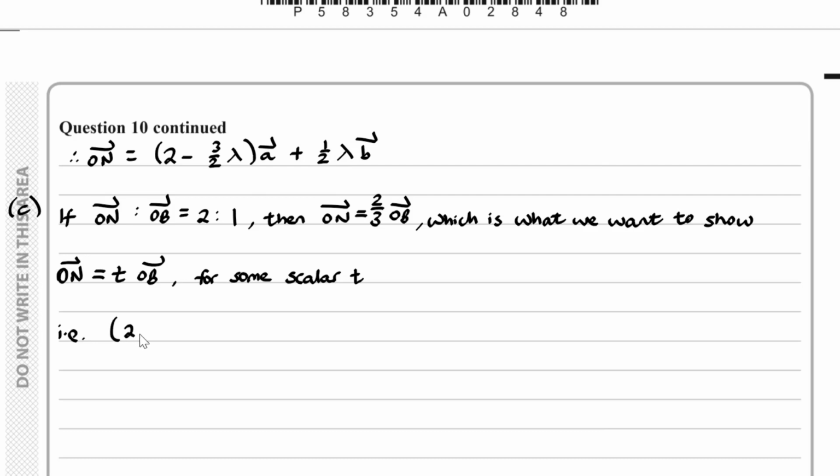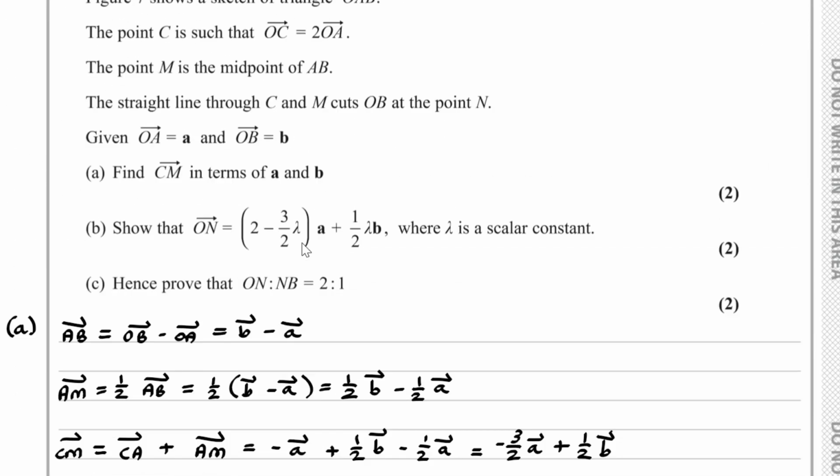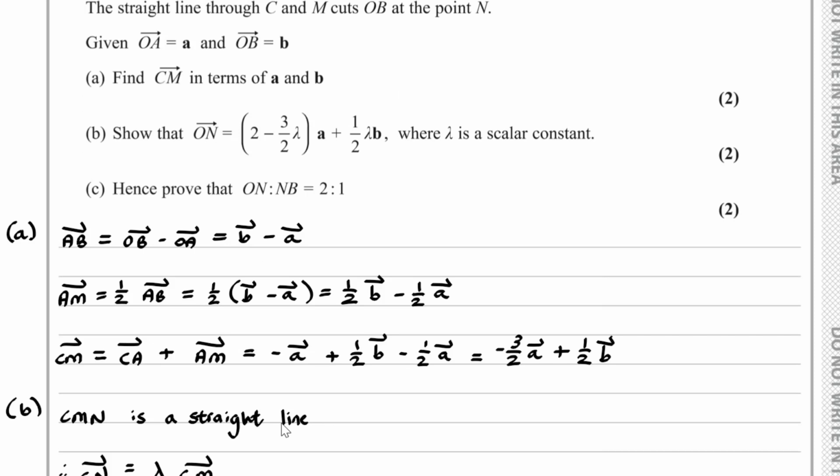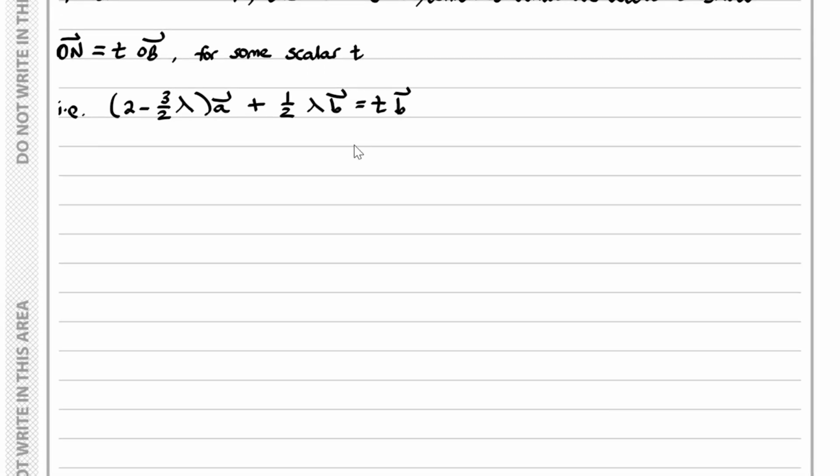That's equal to 2 minus 3/2 lambda lots of A plus 1/2 lambda B. And that's equal to some multiple of OB, lots of T. So we have T times OB, and OB is equal to B. And then we can now compare components to find out what lambda and T are. So now compare components.